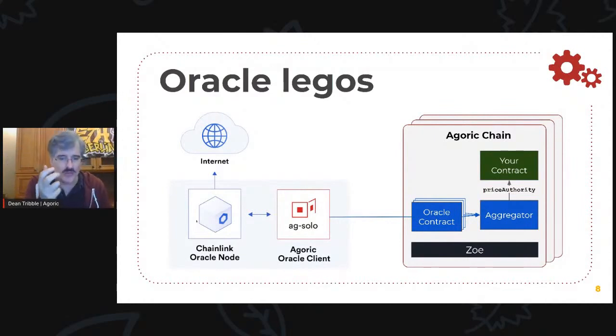Agoric solo nodes are the same engine that runs on chain, but optimized for running in the cloud on behalf of a particular application or a user, where it then gets the additional ability to talk to, for example, a Chainlink node right next to it, or even integrate together into a single deployment.